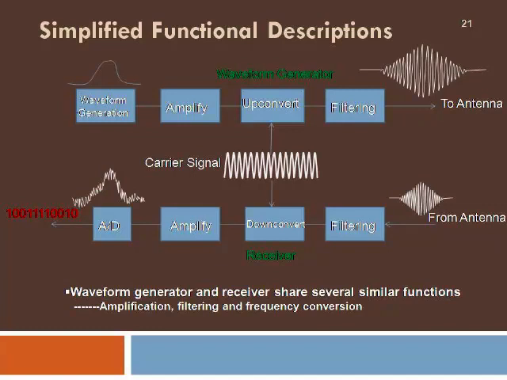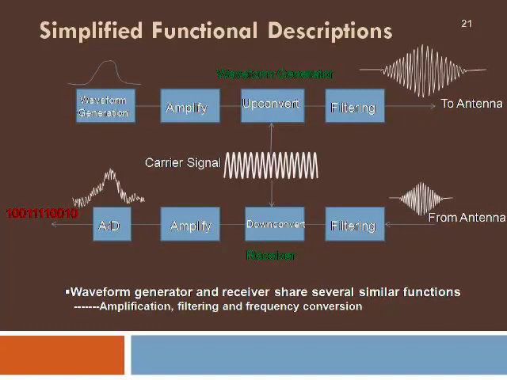Then we are going to upconvert this to the required frequency. So a carrier signal is separately generated for this, and after upconversion we take out the unwanted signals using the filters. Then we are going to have the required pulse shape and also the required level of power within that.